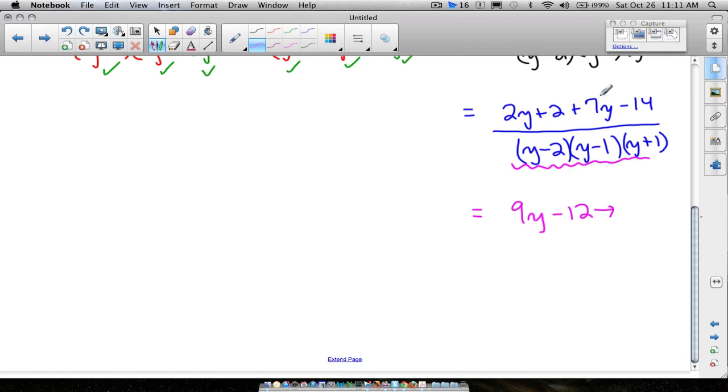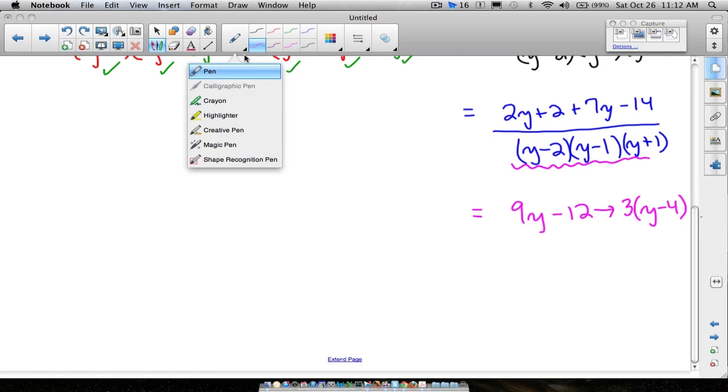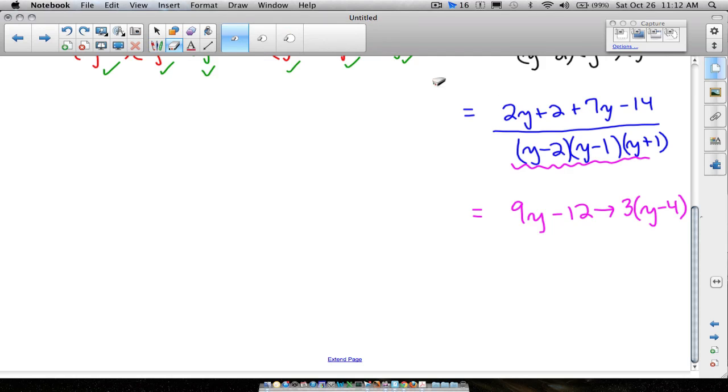When we did 2y plus 7y to get 9y and 2 minus 14 to give us negative 12, we can factor out a 3, and that gives us, not y minus 4, it gives us 3y minus 4. Got to be careful there. Factor out a 3, and you're left with 3y minus 4.